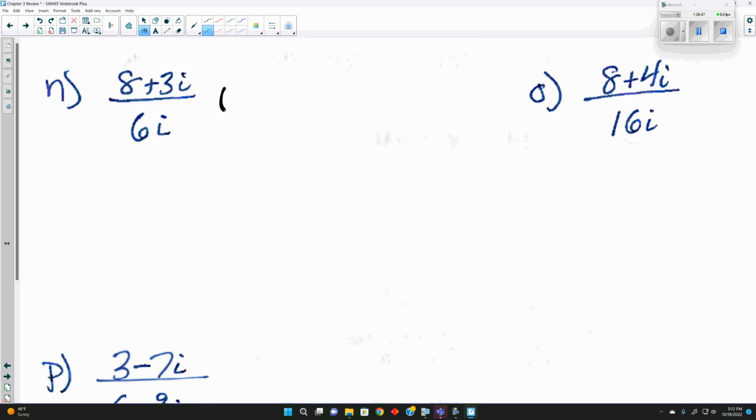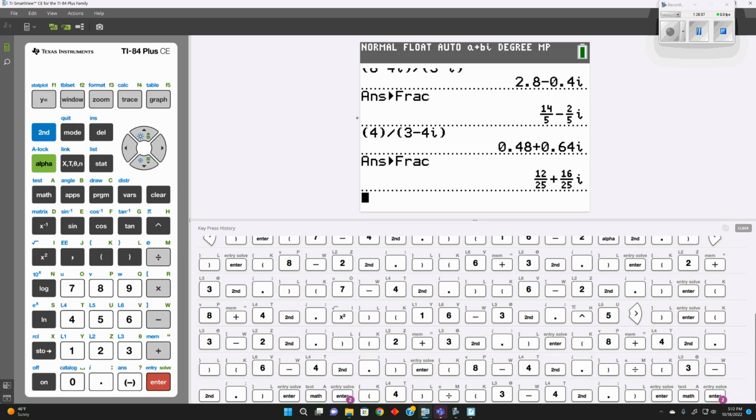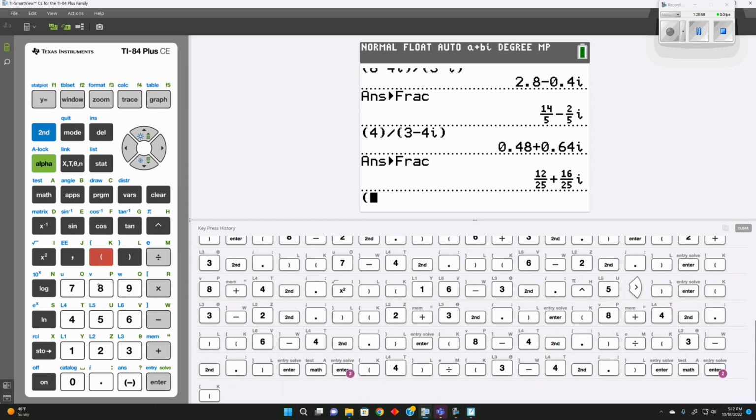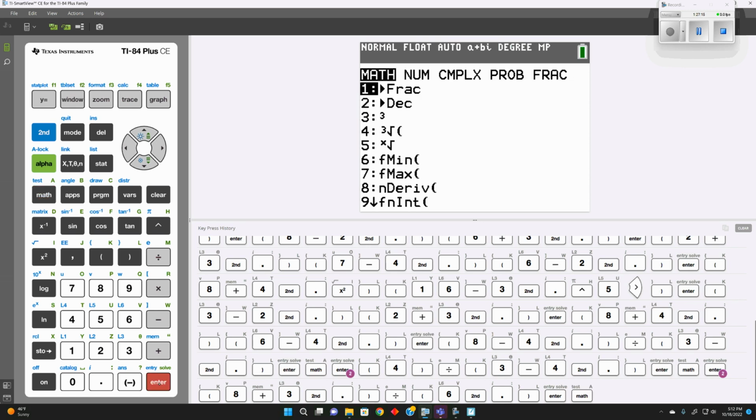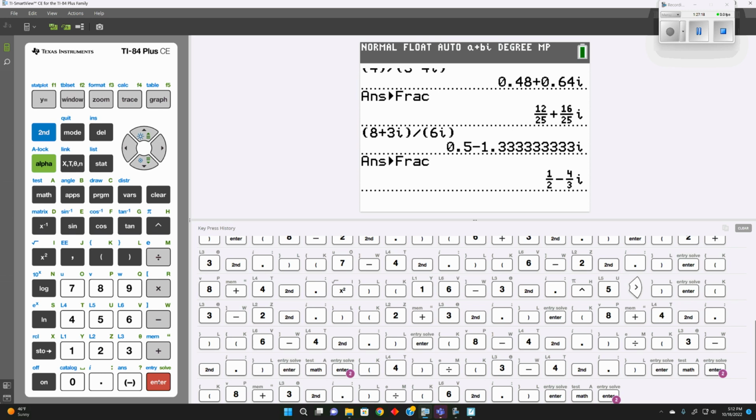Now again, for this next one here, we can say 8 plus 3i divided by 6i. And even though it's one term on the bottom, we'll still need it in parentheses when we type it in. So we can say 8 plus 3i divided by 6i, hit enter, and we get this here. One of them's not a nice fraction or a nice decimal, but if we go math, enter, enter, it'll tell us that it's 1/2 minus 4/3 i.